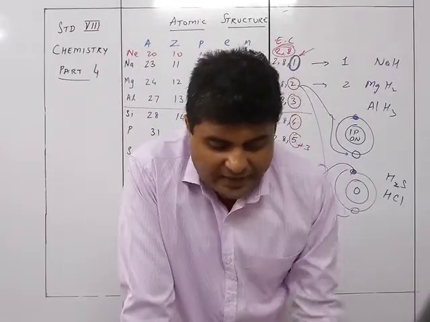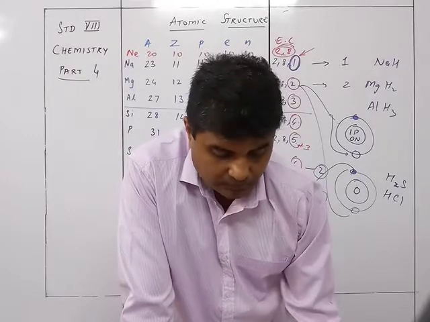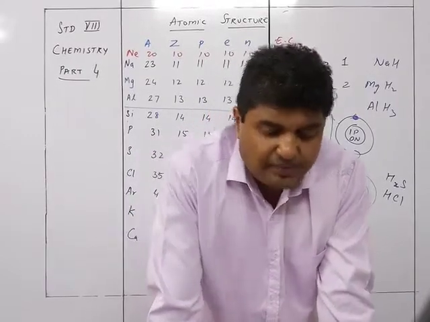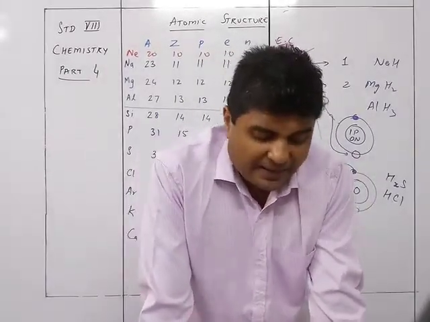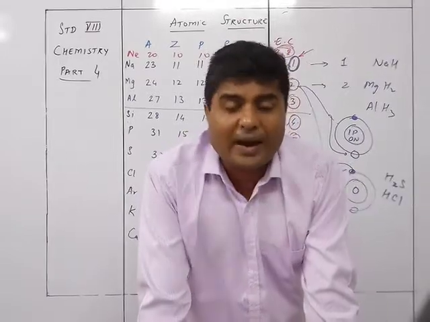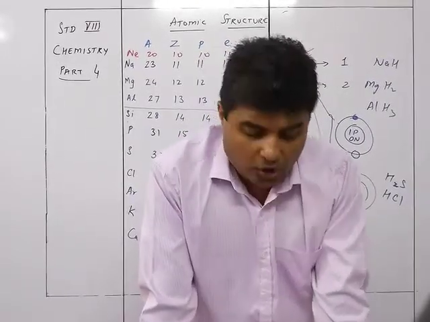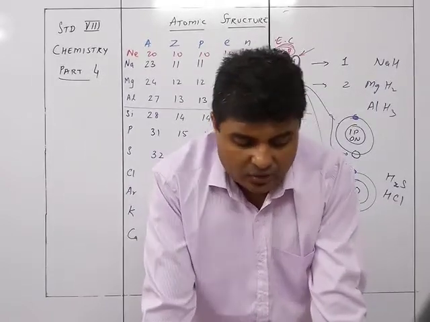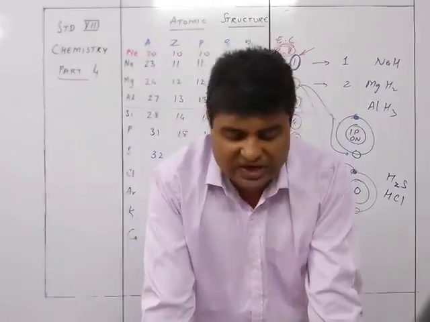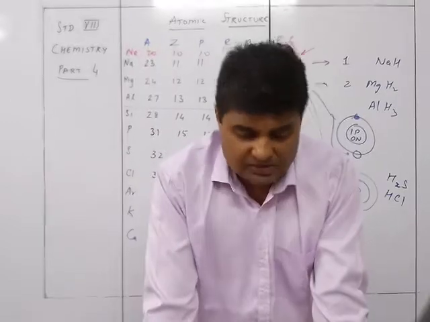So, electrons donated by atoms to achieve stable electronic configuration: metals generally have 1, 2 or 3 electrons in the outermost shell. Metals donate or lose 1, 2 or 3 electrons to become positively charged ions called cations.